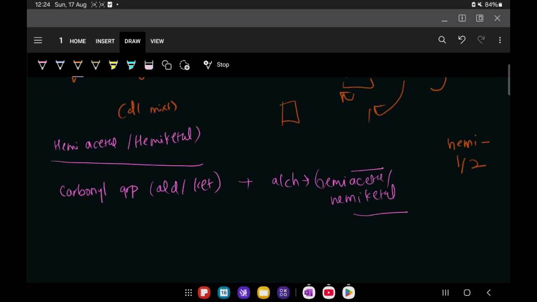It's half of that aldehyde, half of that alcohol. If it were to react again with another alcohol, it would become an acetal. It wouldn't be half anymore, right? And hemiketal is again a ketone reacting with alcohol, half of each.